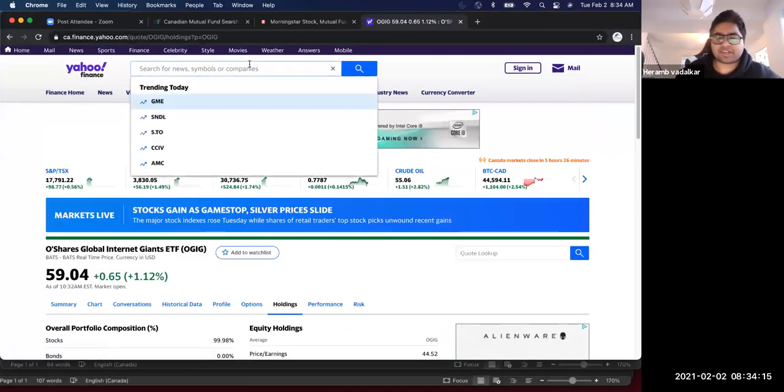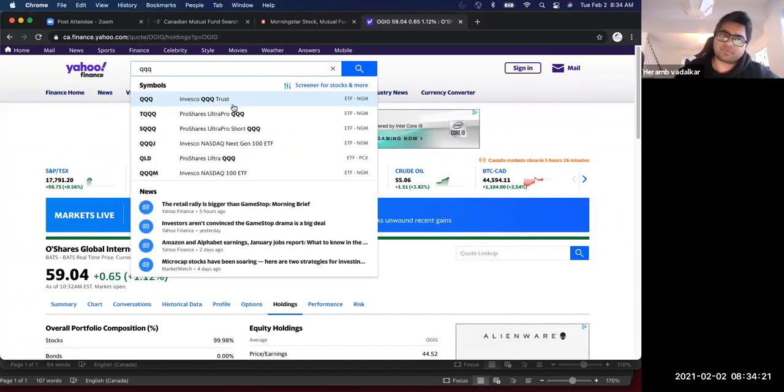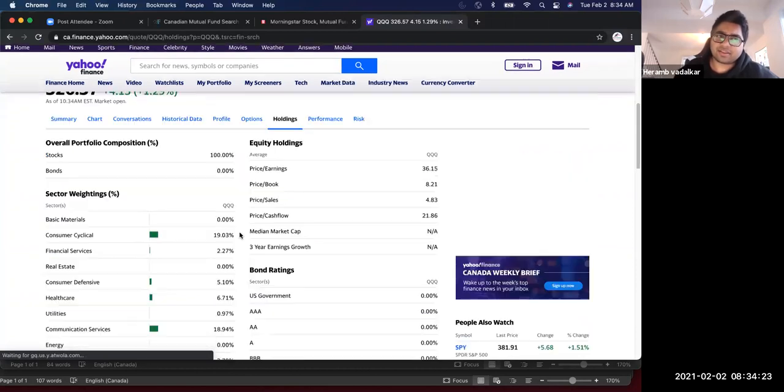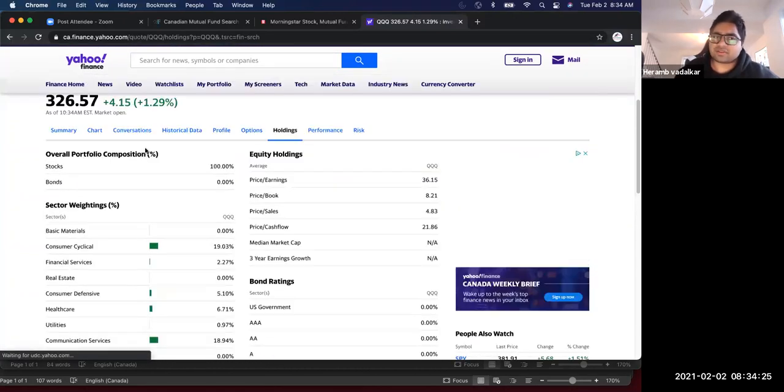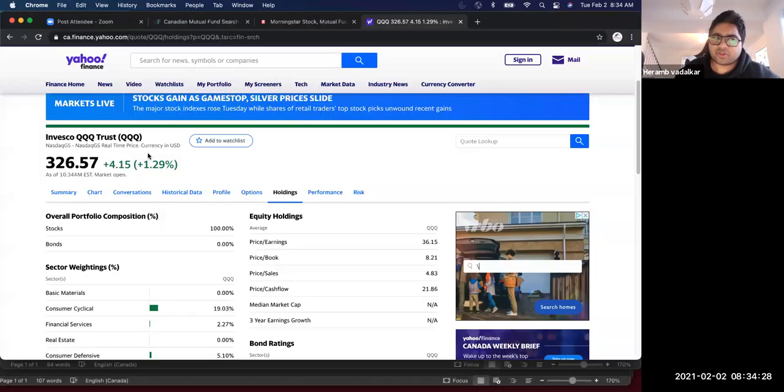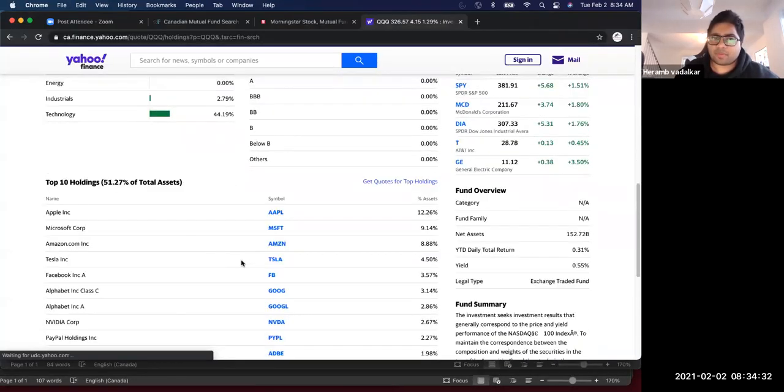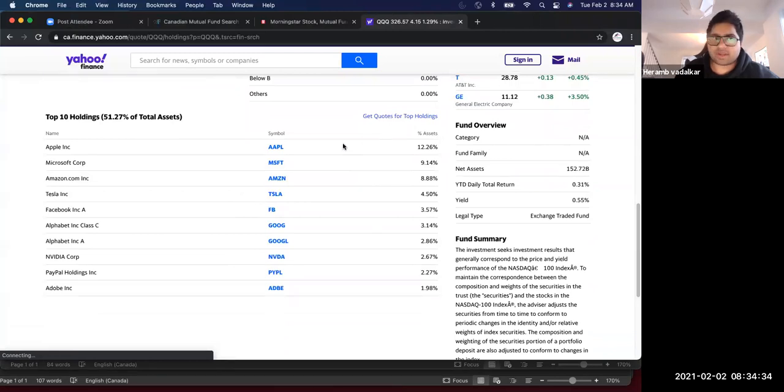Example of a passive ETF will be, let's say, QQQ. Since we're discussing tech, QQQ. QQQ is a passive ETF. What does it do? It copies the NASDAQ. NASDAQ 100 is an index, and it copies it exactly. So Apple is there, and its weightage is much higher.